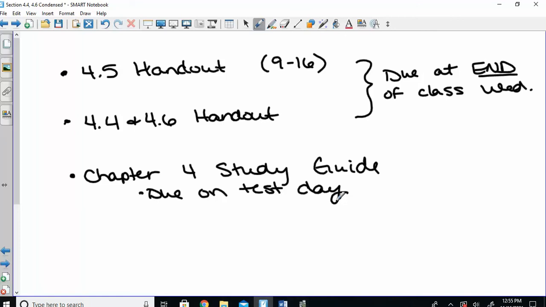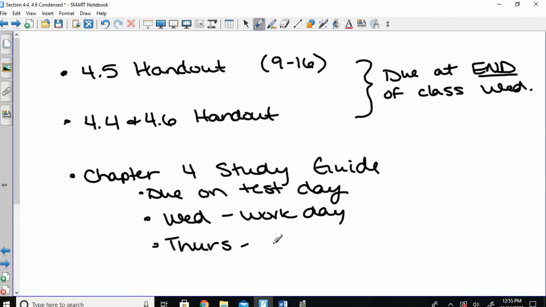If you have to take the test Thursday, then you need to have your study guide done Thursday. Tomorrow will be a work day. Thursday will be a class review day for those of you that don't have to go ahead and take it. And if you do need to take it early, then we'll do it on Thursday during class.